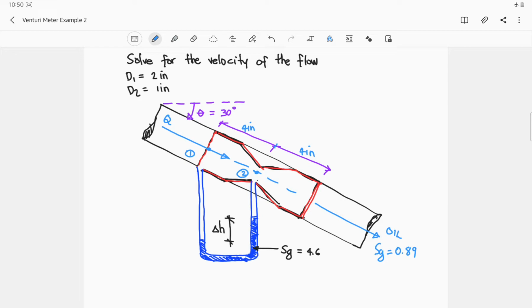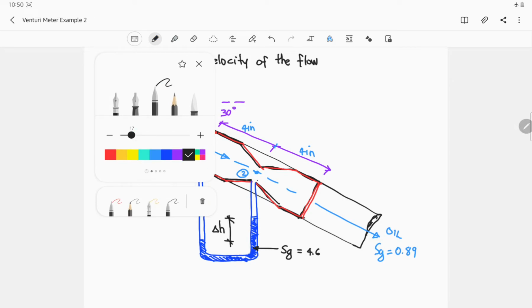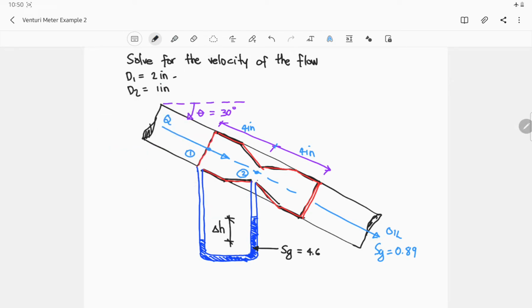So we need to solve for the velocity of the flow. Since C is not given, presumably we will just need to solve for the theoretical velocity. We have the diameter at the mouth as 2 inches, and the throat as 1 inch.